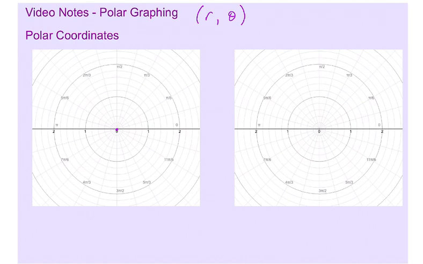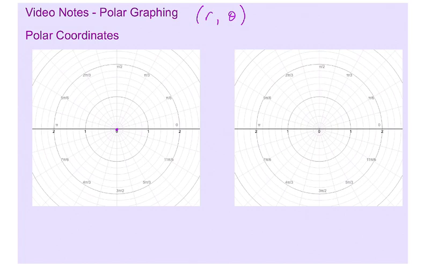And the theta value isn't actually measuring a distance at all. It's not like the y value, which is measuring a vertical distance. The theta is measuring the angle of rotation around in a circle. It'll make a lot more sense in just a second after we look at an example.